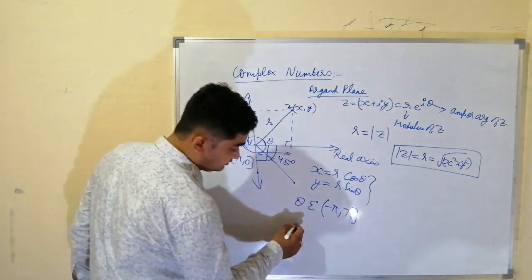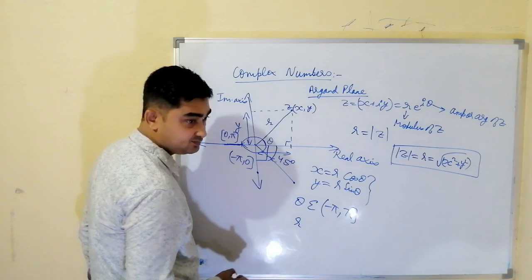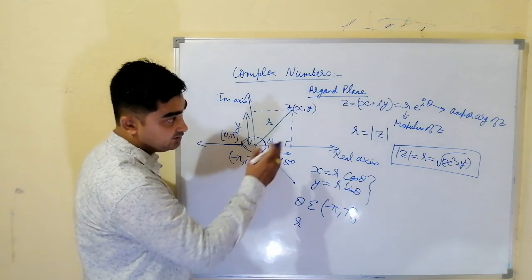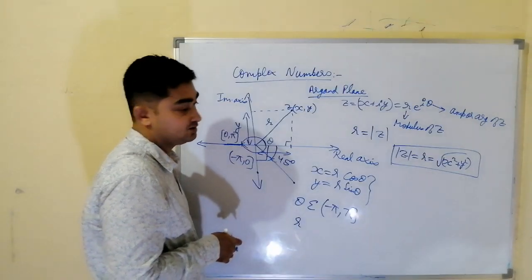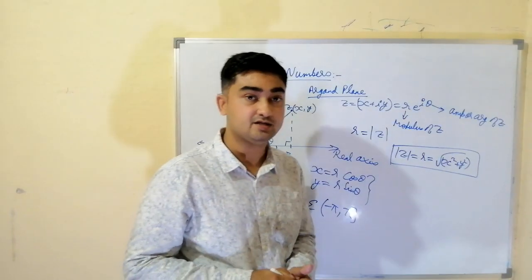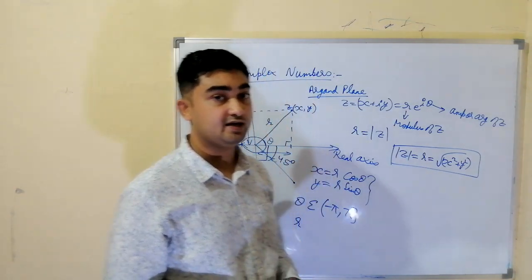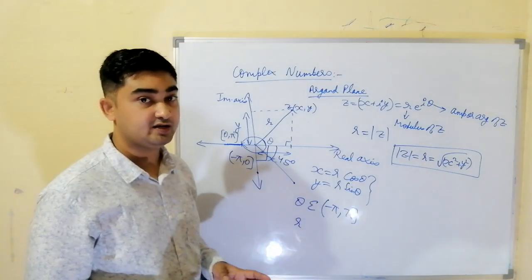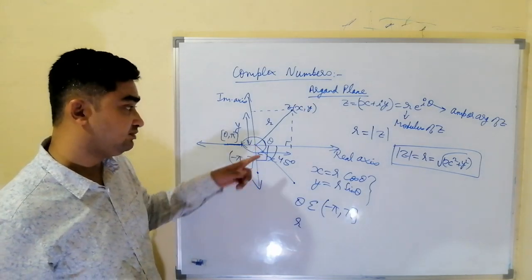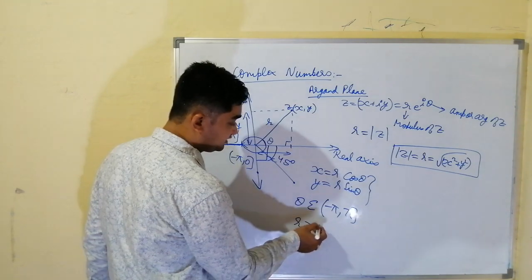Now look at r. What is r? r is the magnitude or modulus of the complex number, which can never be negative, because magnitude is the distance of the point from origin. Distance of a point from origin can never be negative. Minimum it can be 0, if the point is at origin. So we can say r is always greater than or equal to 0.